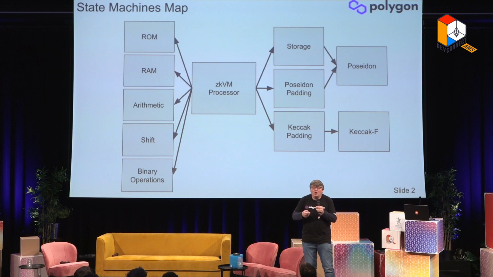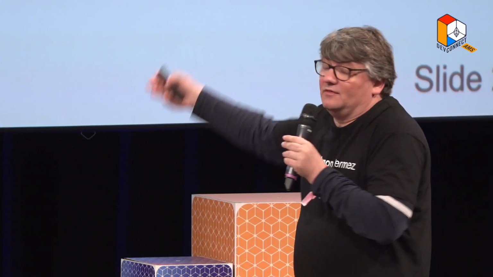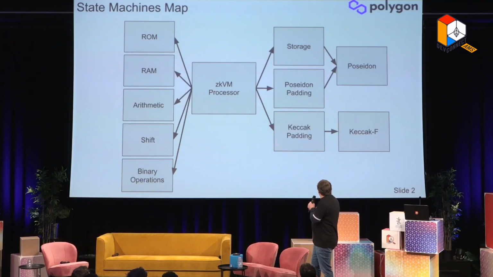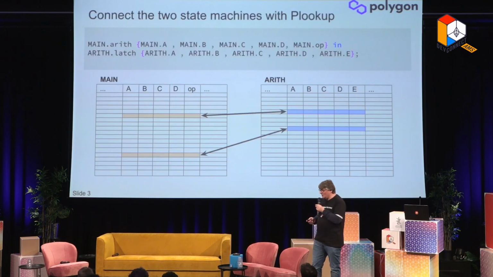It's just a new processor. It's a processor that works well with zero knowledge, so that we can build this easily. And other more advanced things, like we have storage and hash functions and so on.